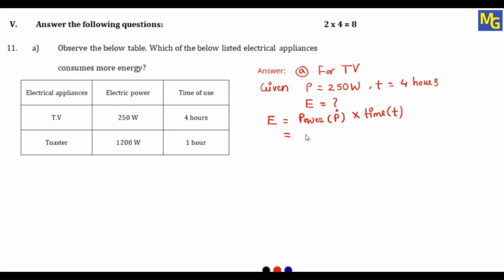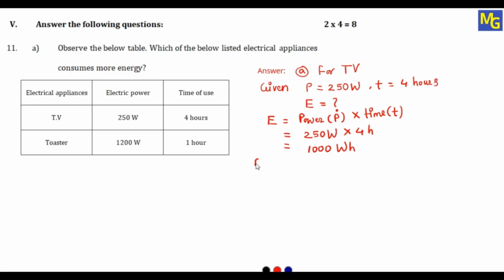Substitute the values. What is the power? It is 250 watt, into time 4 hours. Multiply 250 into 4, we get 1000, and this will be watt hour. But we have to convert this watt hour into kilowatt hour.